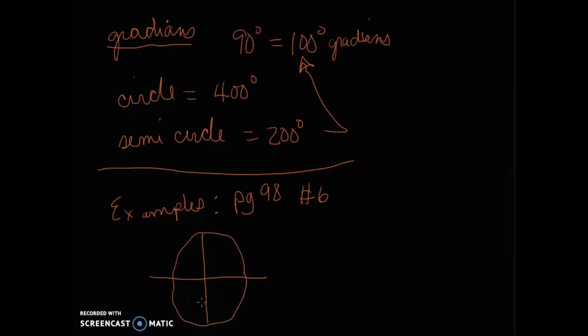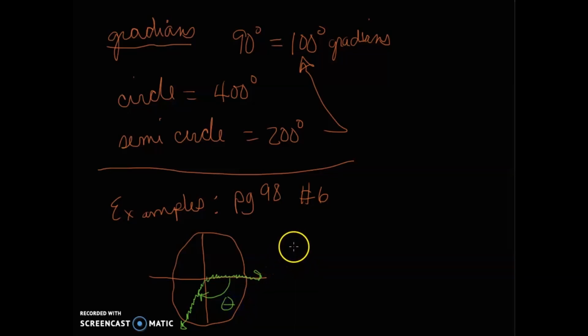We're going to change the color. Here is the initial side. This is in standard position, and we've got an angle that's going to go over here, and we're going to measure it this way. This is our angle theta.